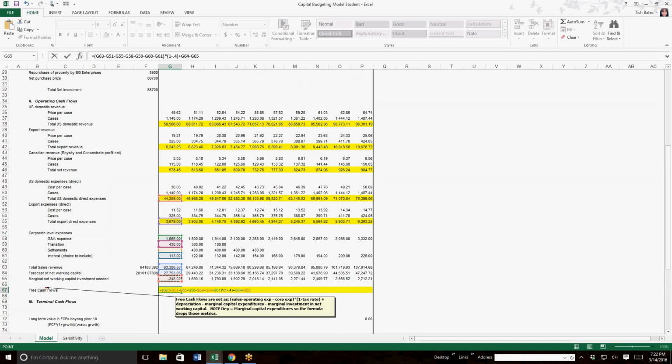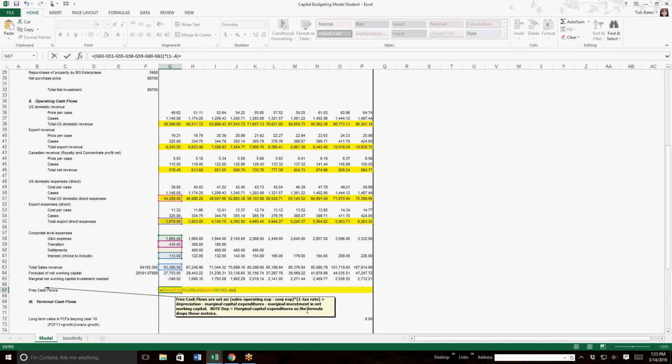Depreciation equals marginal capital expenditures, so formula drops the metrics. Okay. What did it say? So it says here, note, depreciation equals marginal capital expenditures, so formula drops the metrics. I don't know what that means.